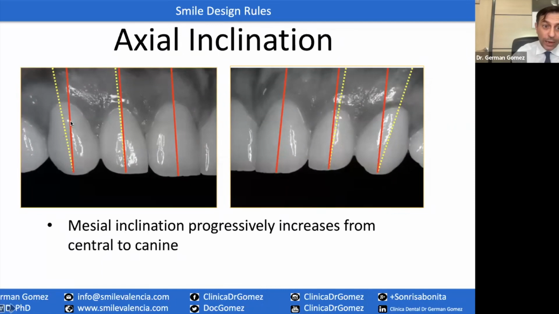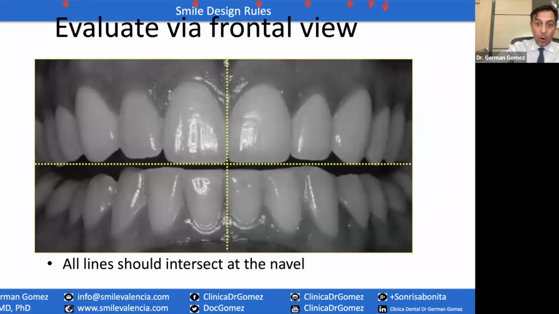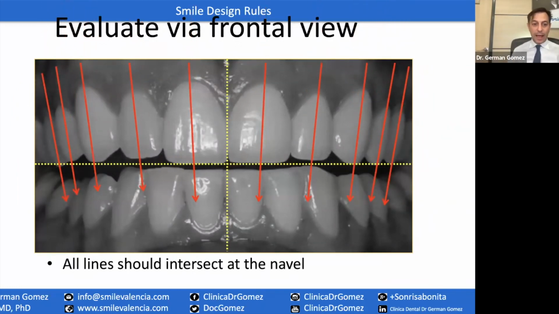They actually do incline like the yellow line, so they incline more than the central incisor. So the central incisors are not straight. They are a little bit inclined. The next ones are a little bit more inclined. The next ones are a little more inclined. So everything goes towards and meets, all these lines meet at the belly, down here at the belly.